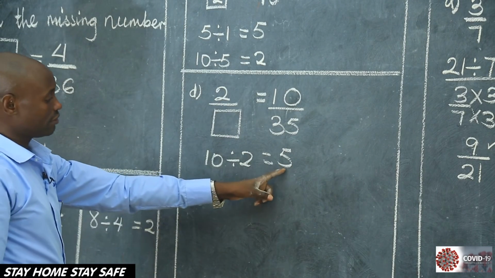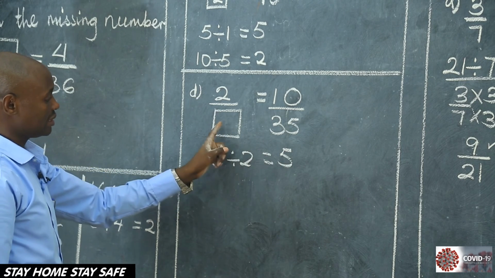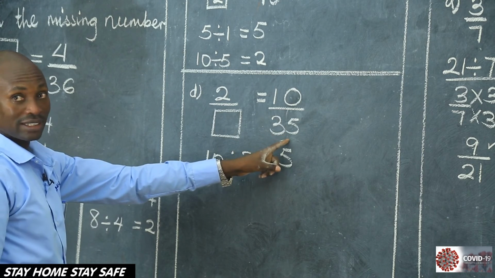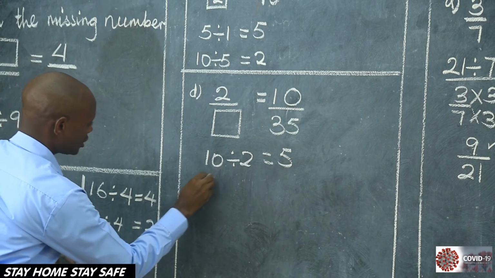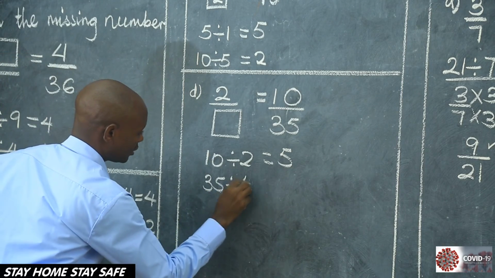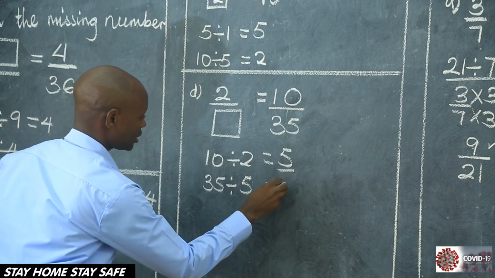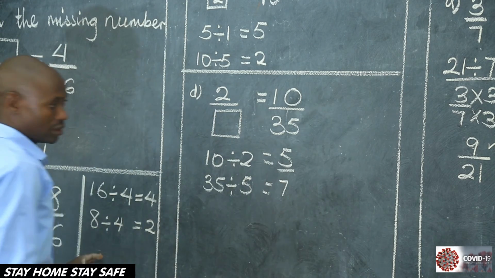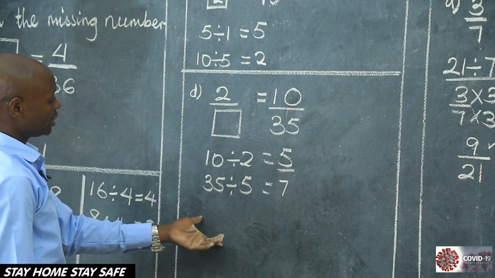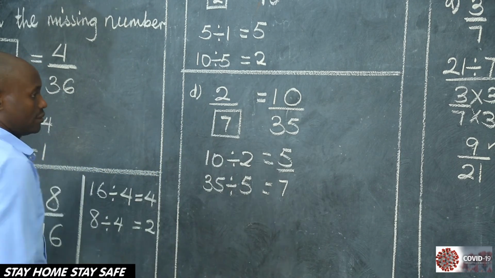Then after getting 5, what do we do with the 5? We know that this number is supposed to be smaller than 35, so we shall get 35. We divide it by the 5 which we have got here, and the result is going to be 7. So since you have been told to fill in, it means the missing number here is 7.